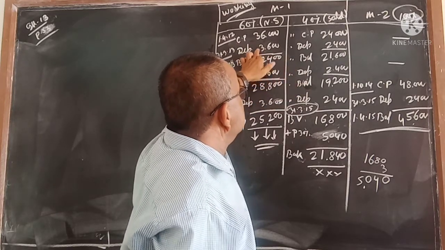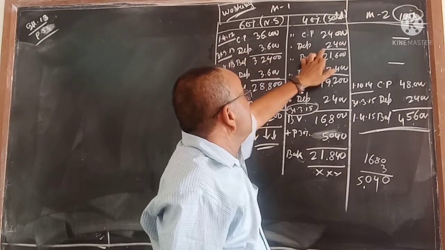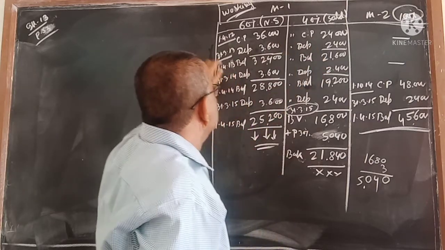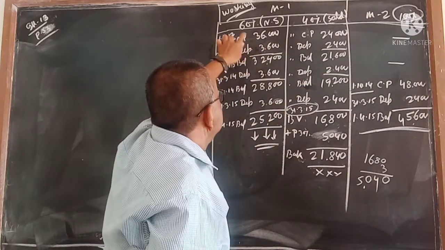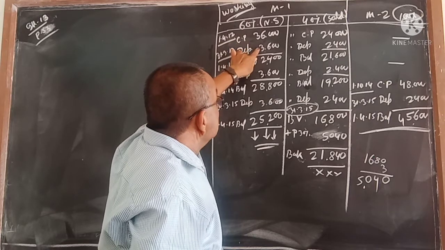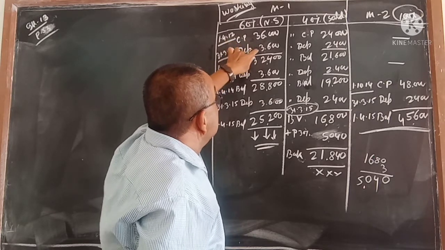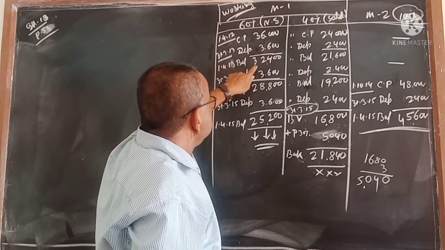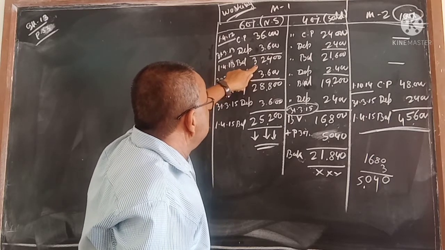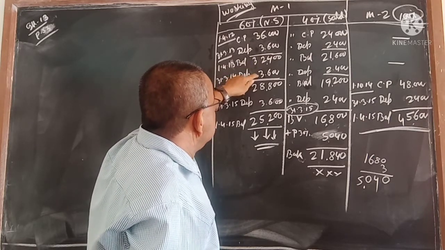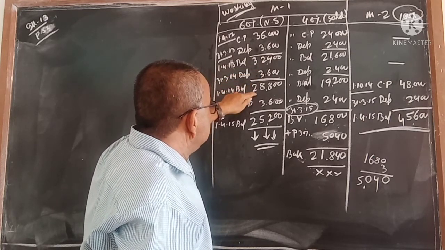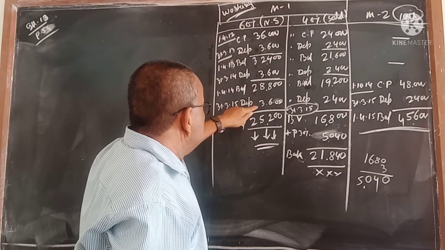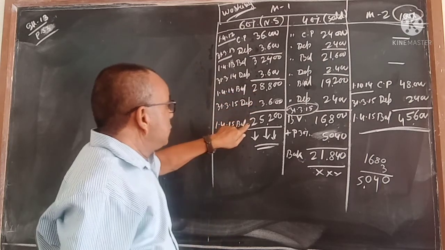See, 3,600 plus 2,400, if you add, you will get 6,000 depreciation. So the first machine 60%, which is CP is this. Depreciation 3,600. Balance comes 32,400. Second year 3,600. Balance comes 28,800. Third year 3,600. Balance comes 25,200.